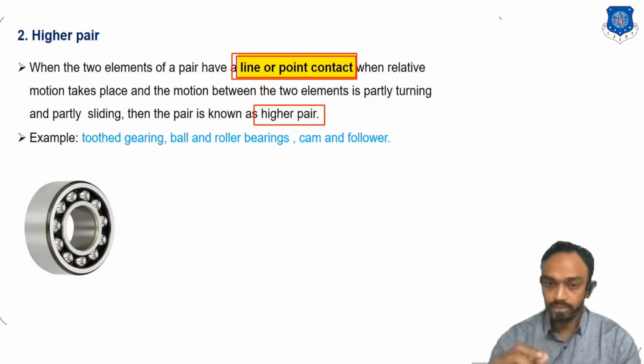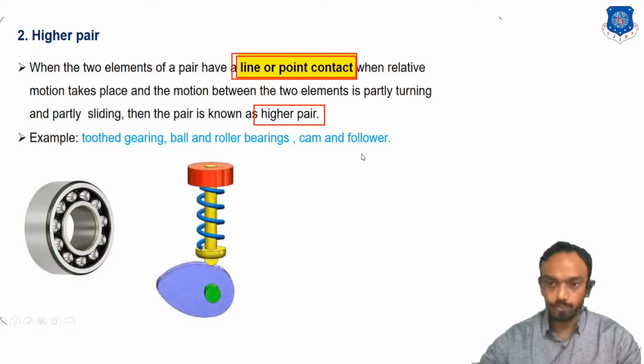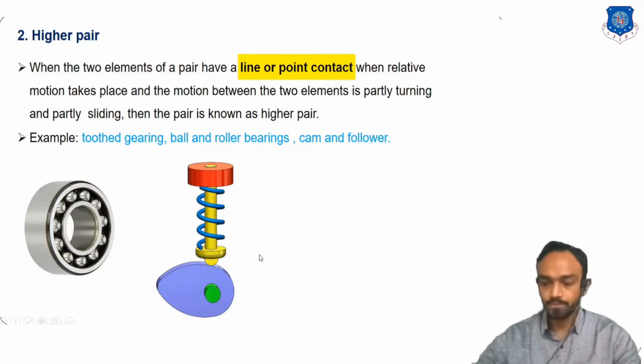Contact will be a point contact, but in a bearing, the ball is surrounded by these surfaces. That's why in the ball bearing there is a line contact, okay. In a gear and also in a cam and follower, there is only point or line contact, and that's why you can see here point or line contact is there. So it is known as a higher pair, okay.